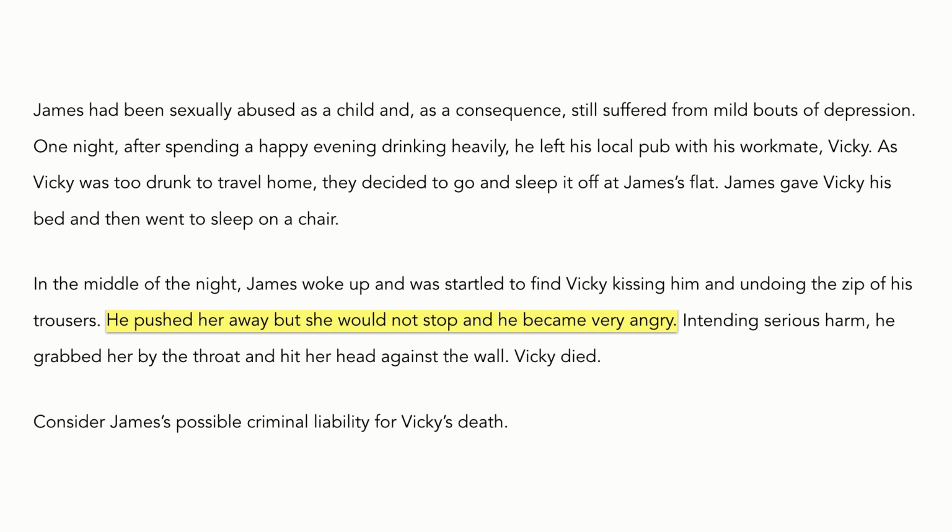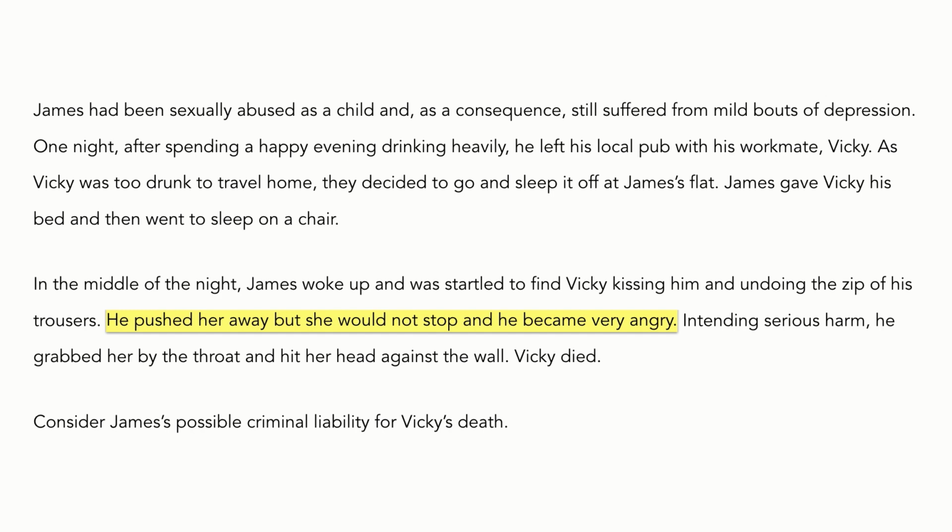For the most part, many students, including my fast track and masterclass students, will generally articulate the issue as whether James has committed the offense of murder, which would be correct. Following that, they would go on to assess whether there is a potential mitigatory or partial defense of voluntary manslaughter by loss of self-control or diminished responsibility.